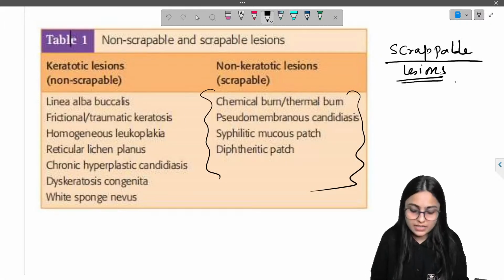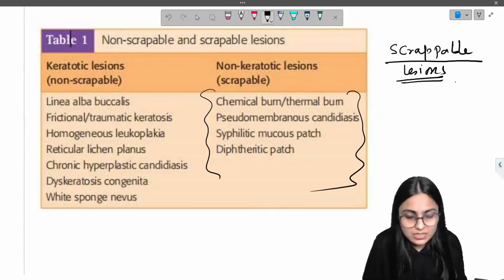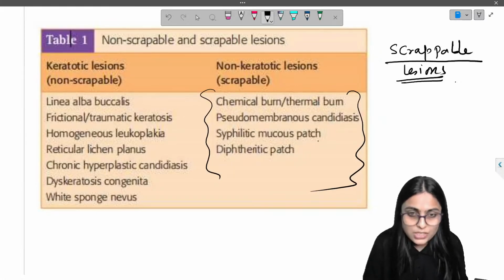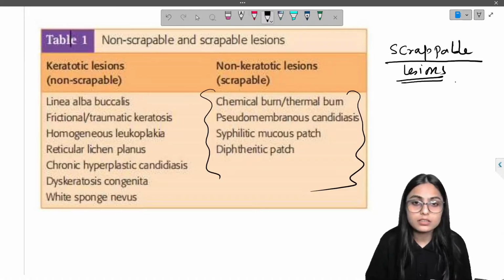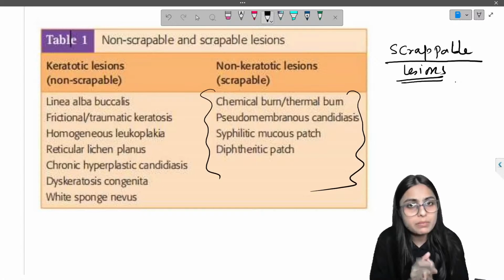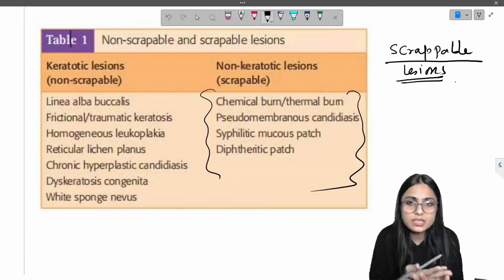Scrapable lesions are chemical burn or thermal burn, pseudomembranous candidiasis, syphilitic mucous patch, and diphtheric patch. These all are the scrapable lesions. Scrapable means you can just scrape off the superficial layer of the lesion easily.